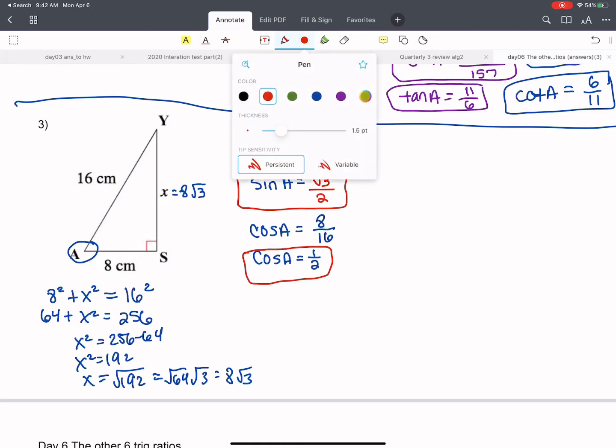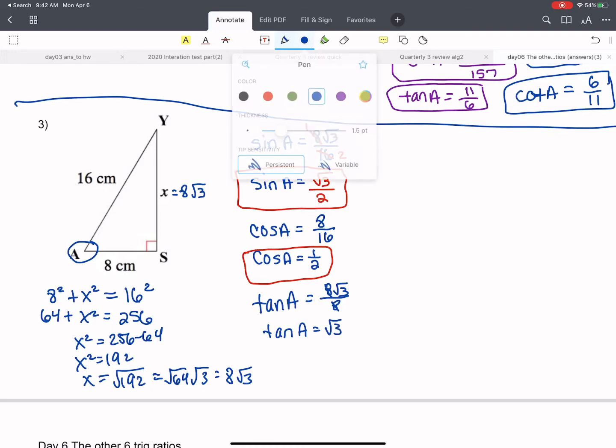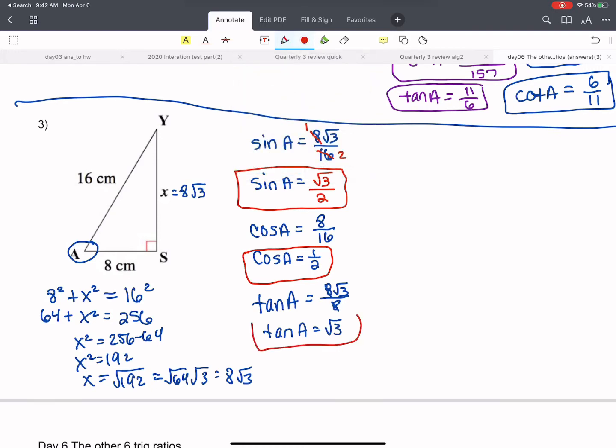And let's get the last one. Tan, for the main ones, tan of A, opposite over adjacent. So that's 8 rad 3 over 8. In fact, tan of A can be simplified to just rad 3. Yay, we're done with those.